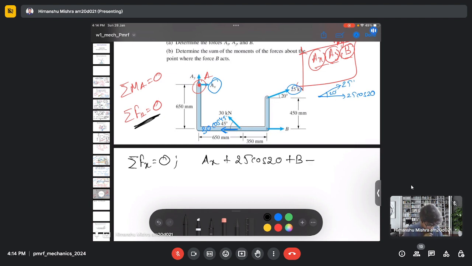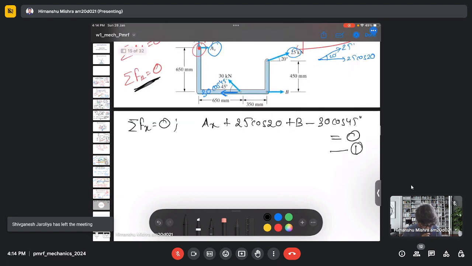So it will be 25 cos 20 plus B, and then there is a component of this force, which is 30 cos 45, and it is exerting in the negative direction. So it will be minus 30 cos 45, equal to 0. So this is my equation 1.